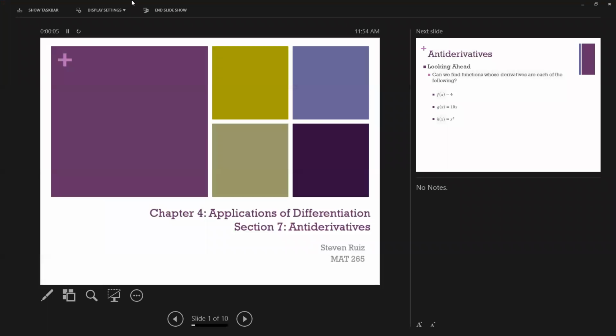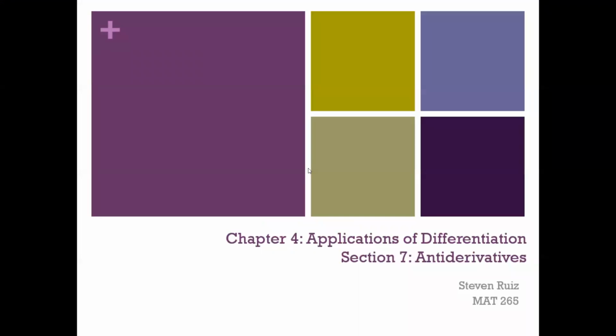So section 7, skipping 6, but section 7 is all about antiderivatives. So we've spent a big chunk of this semester talking about derivatives, the process of differentiation, and things you can do with that process. How we go the opposite direction. Talking about antiderivatives.